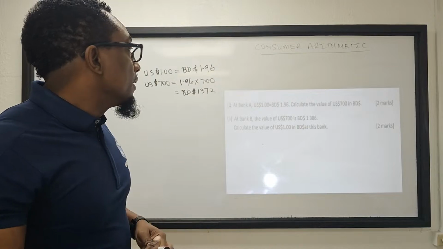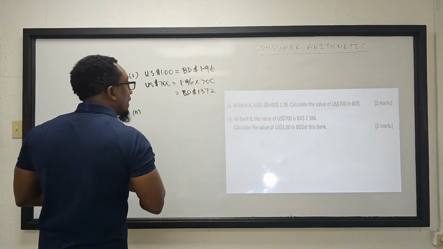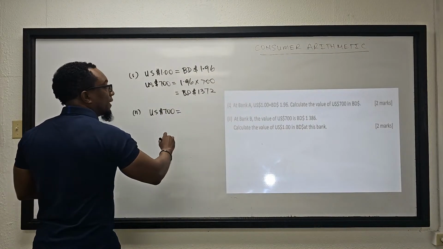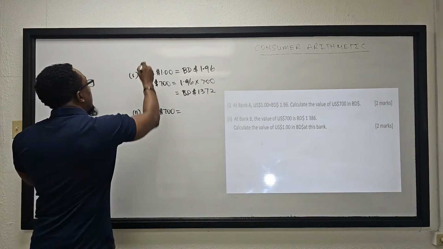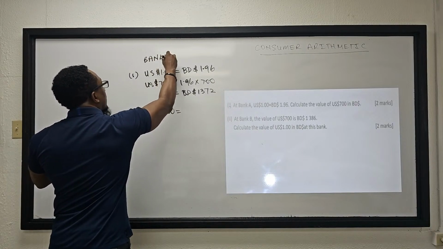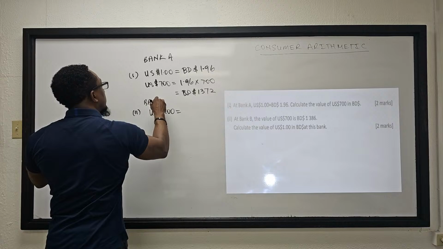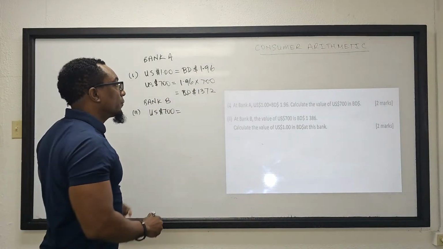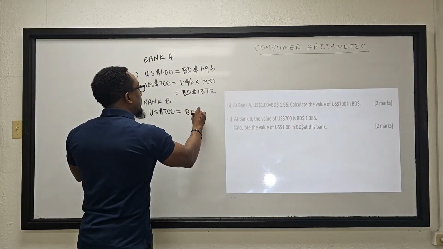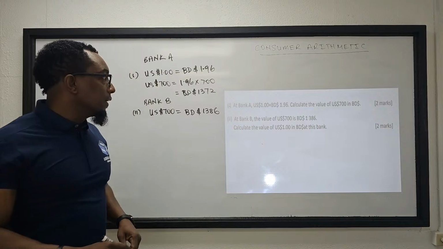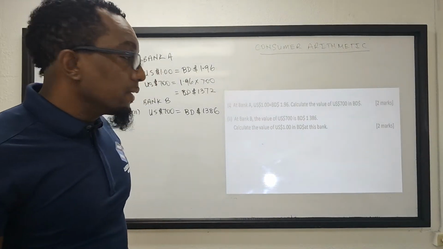And they gave us the relationship. This is at bank B, so we have bank A, we have bank B. So US $700 is equal to Barbados $1,386. So what is US $1 equal to?